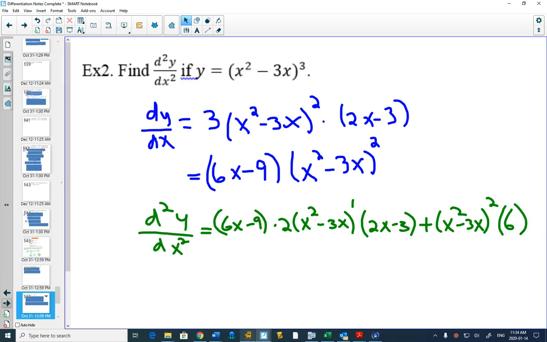Plus, keep the second one the same. Derivative of the first one. No need to simplify. There's your second derivative.